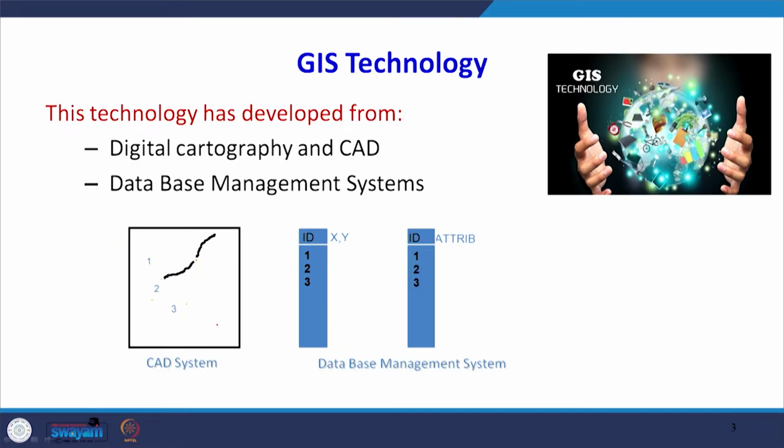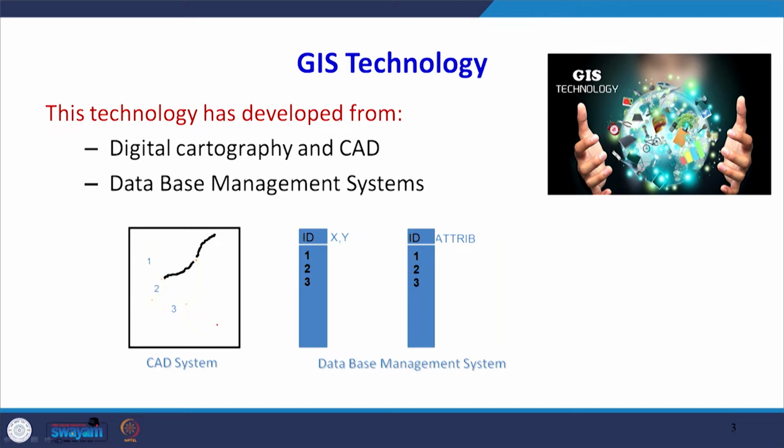If we see the GIS technology, we had earlier the digital cartographic technology where the maps or any drawing were cartographically represented in terms of the line, in terms of the point, in terms of the polygon features. Then later on the CAD based software came where we can represent those cartography, those hard copy drawings, as soft copy drawings.